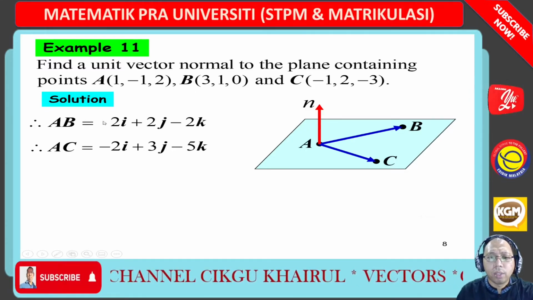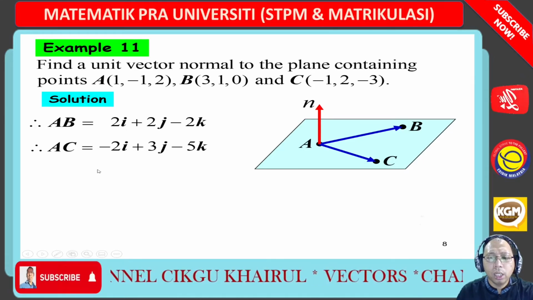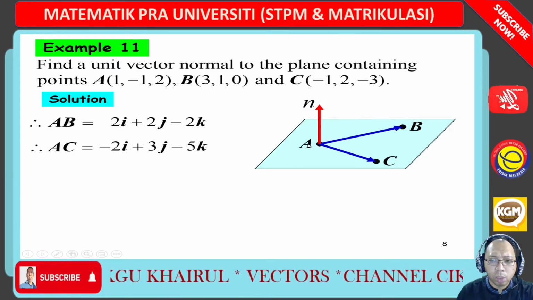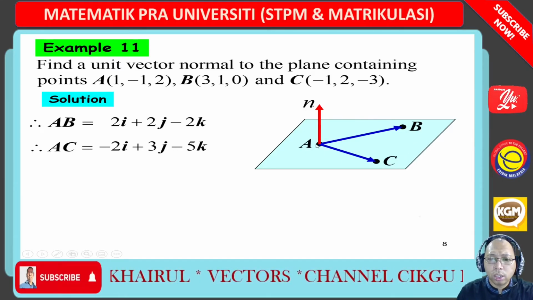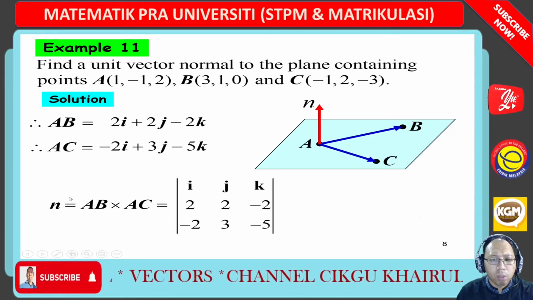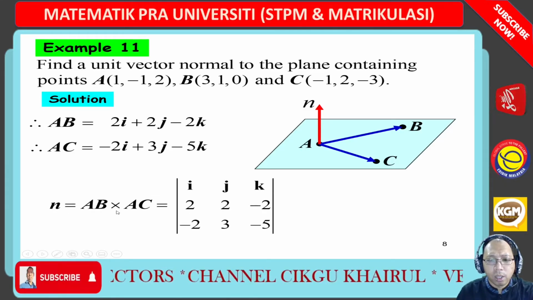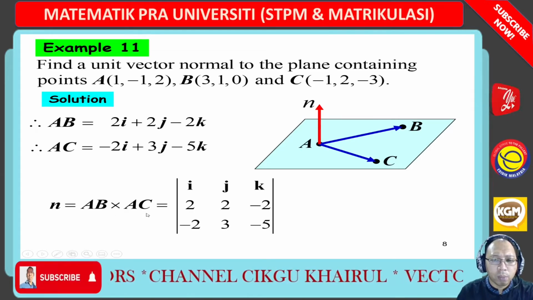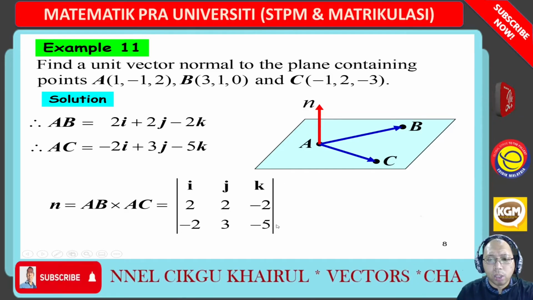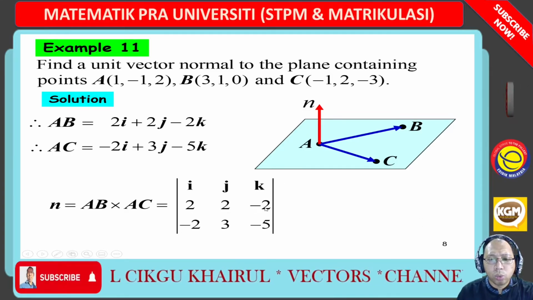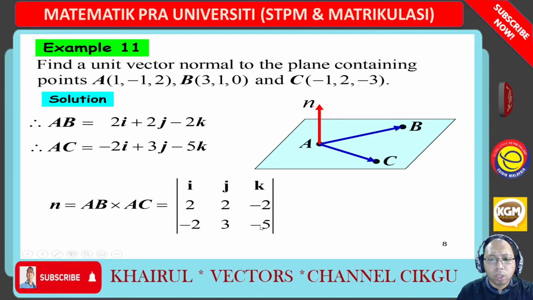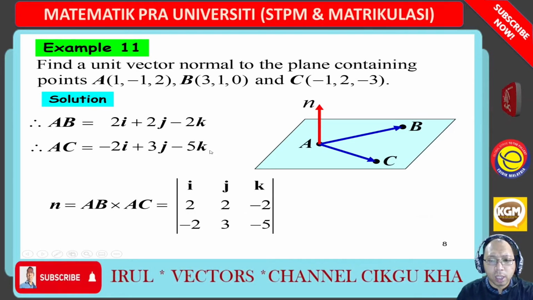Now we have these two vectors, AB and AC. To get the normal vector, which is perpendicular to the plane, we need to cross AB and AC. So the normal vector is the result of the cross product between AB and AC. We did it like this one. So 2, 2, negative 2 represent vector AB, and negative 2, 3, negative 5 represent vector AC.